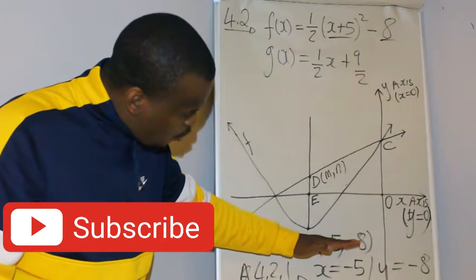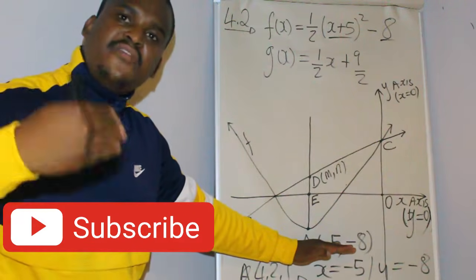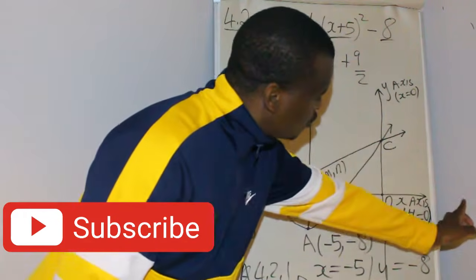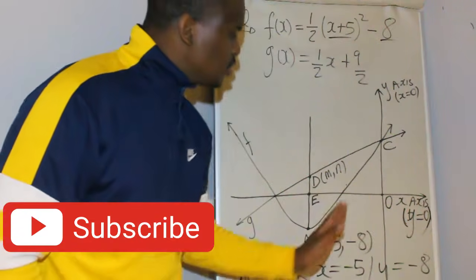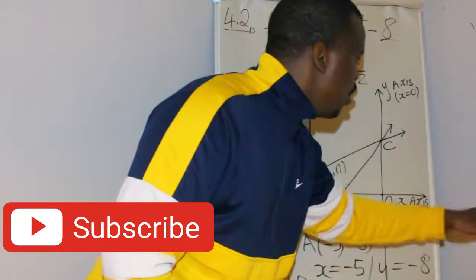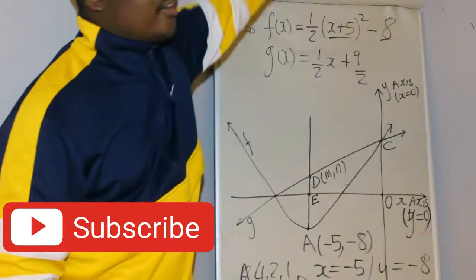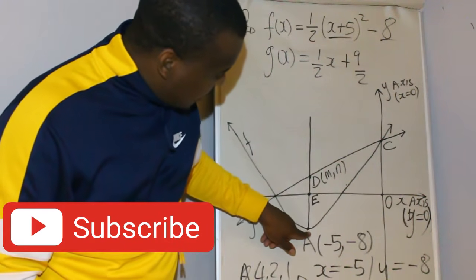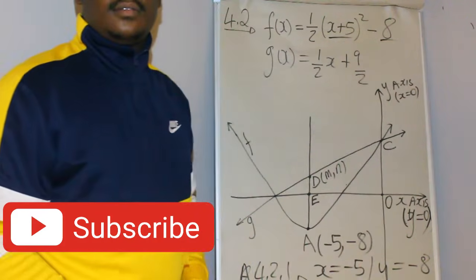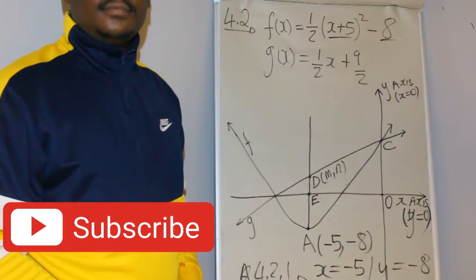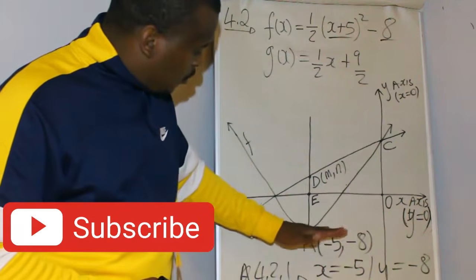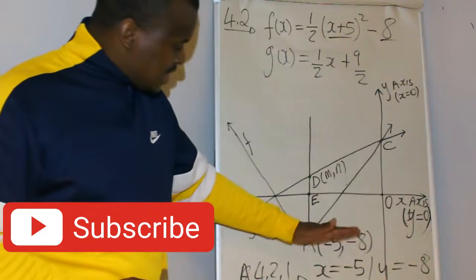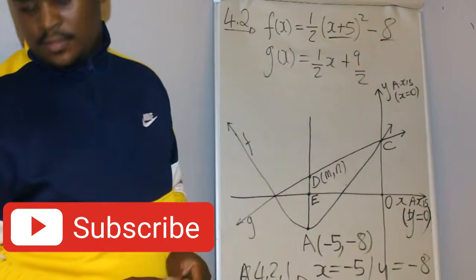As it continues going up, all the y values above are going to be used, which means you're going to use all the y values from -8 going upwards. So your range should be y is greater than or equal to -8.